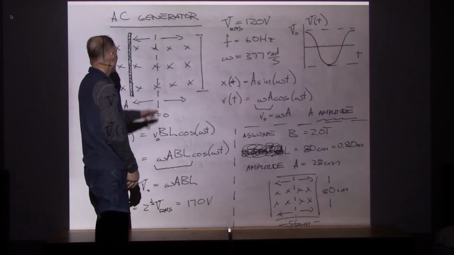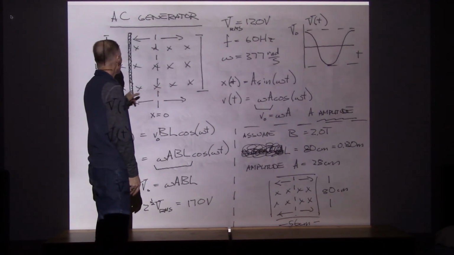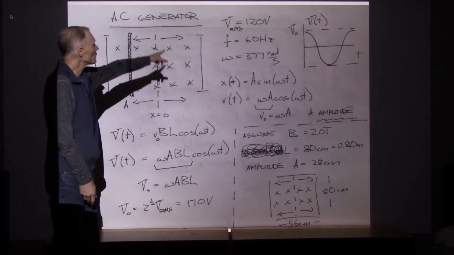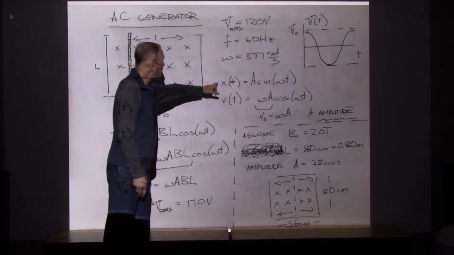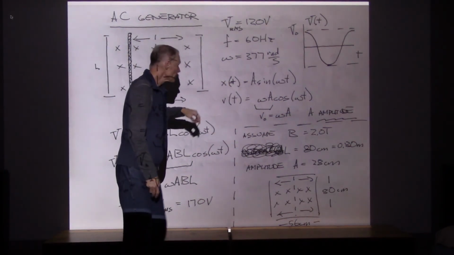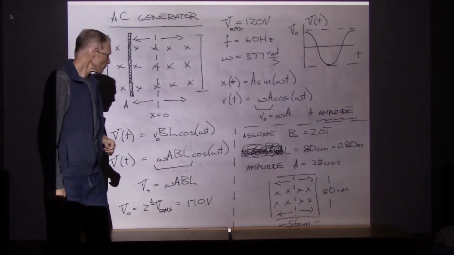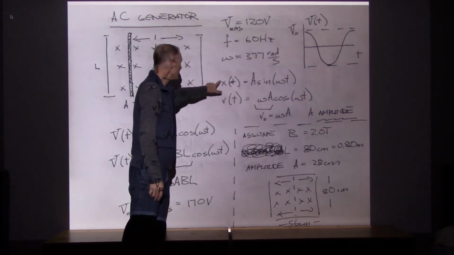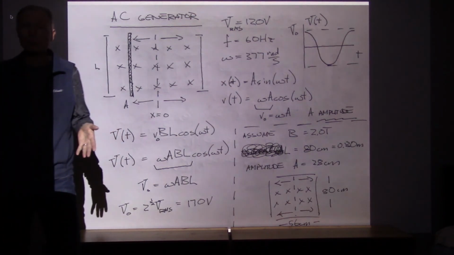So I'm going to do this. I'm going to go in and say, look, how far back and forth would this bar need to move in order to create a generator with these specifications? So I put x as a function of time, and I'm going to oscillate it as a sine function. And then the voltage is given as the time derivative of that displacement function.